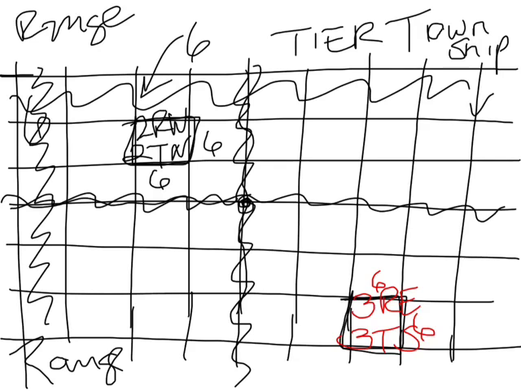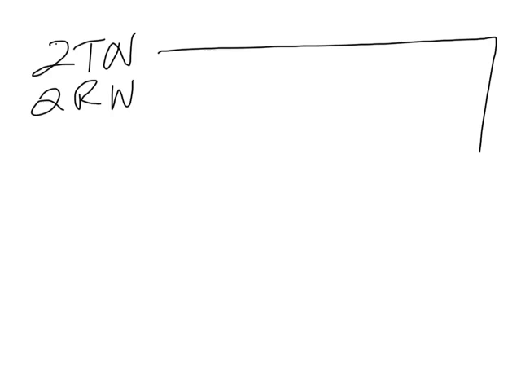Alright? Now, what I'm going to do is draw this, was it 2 tiers north, 2 ranges west was our original one. It is 6 by 6.